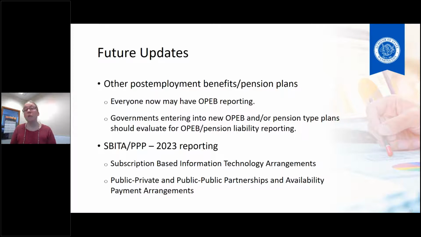So even though we have implemented this accounting standard years ago at this point, it may become significant to your government because you're entering into a new agreement. So we want to let governments know that you have to continue, as you enter into agreements, looking for these accounting standards.